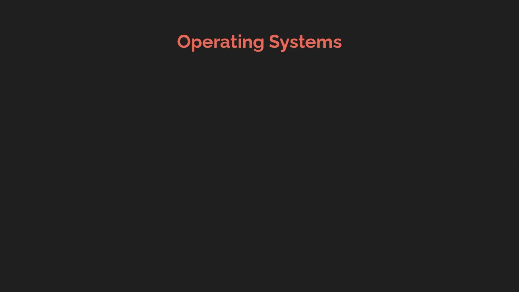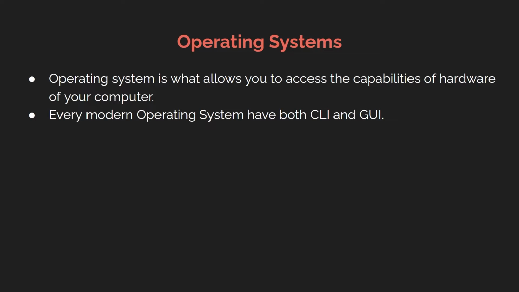Now, before we move on, I want to talk a little bit about operating system. So, an operating system is something that allows you to access the capabilities of your computer. So, for example, if you have a computer or a laptop and it does not have any operating system installed on it, so it does not have Windows or Mac or whatever, then you can't really do anything with that computer. It's basically useless.